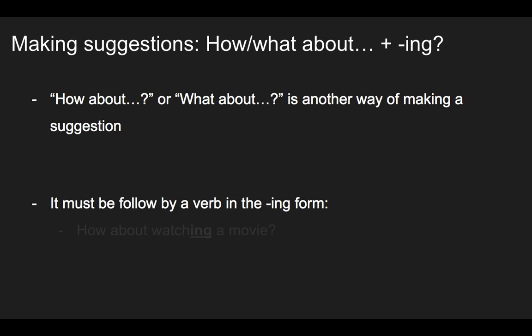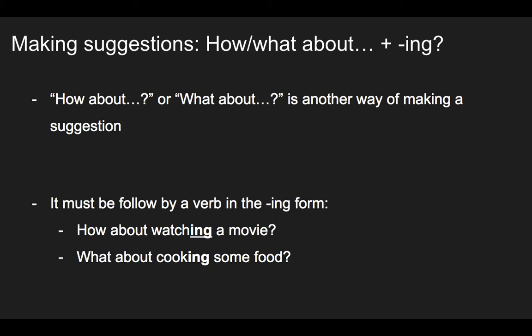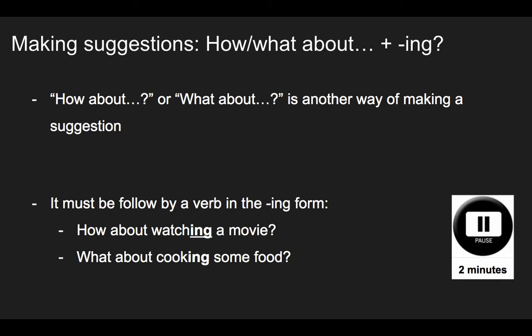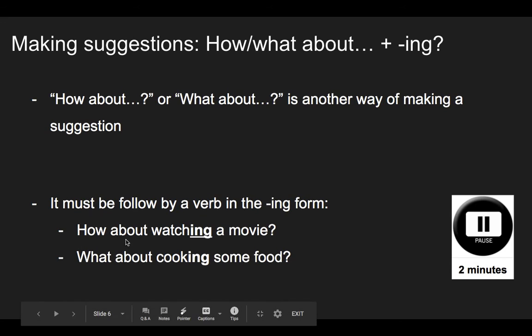Okay, so we'll see here some examples. How about watching a movie? What about cooking some food? Okay, make another pause, 2 minutes. I want you to think of 2 more examples. Write down these examples using how about plus verb in ing or what about plus verb in ing.